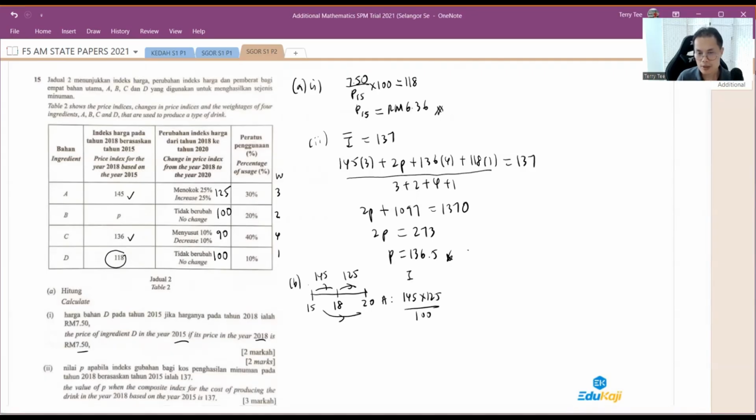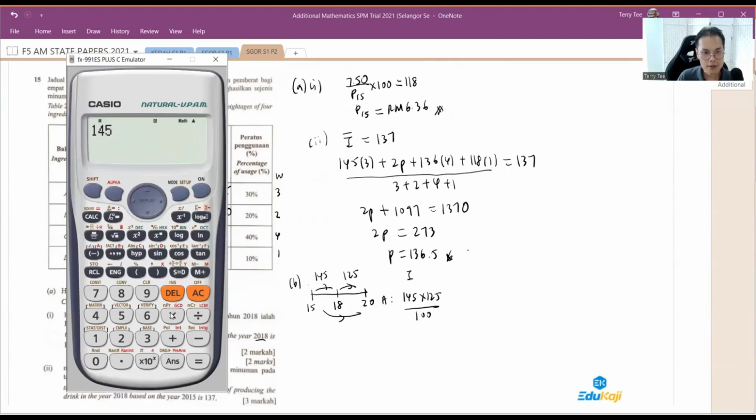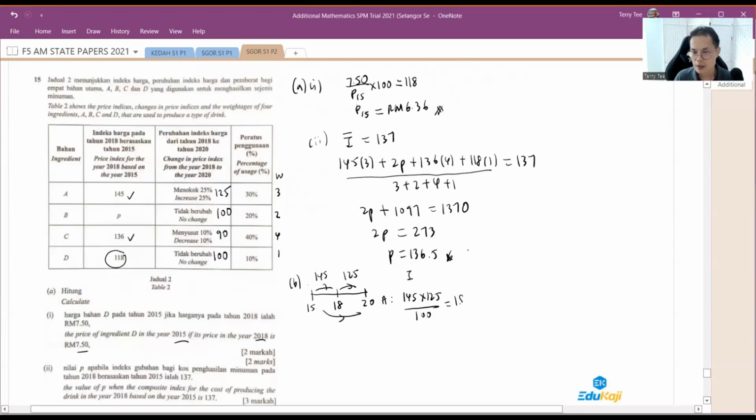This is the simplified chain rule. 145 times 125 divided by 100 is the same as times 1.25. I got 181.25.